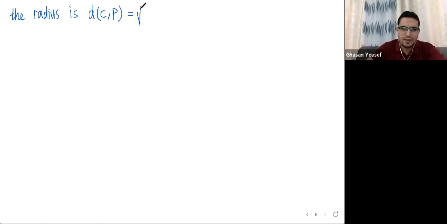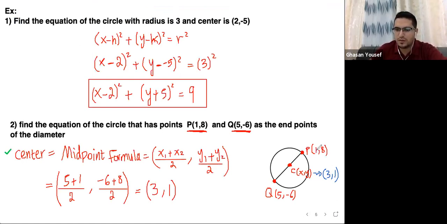So here I get the square root of the difference between the x, which is 3 minus 5 squared, plus the difference between the y, 3 minus 1.